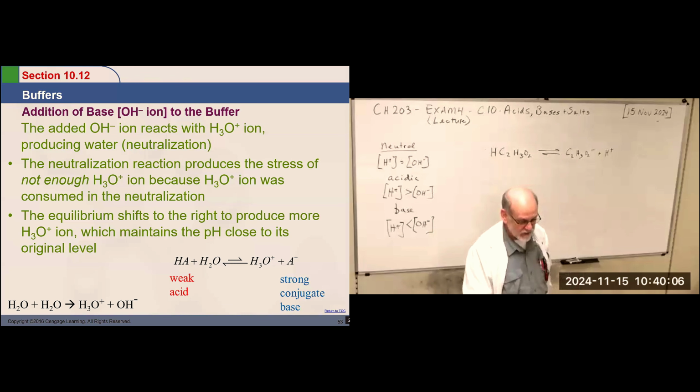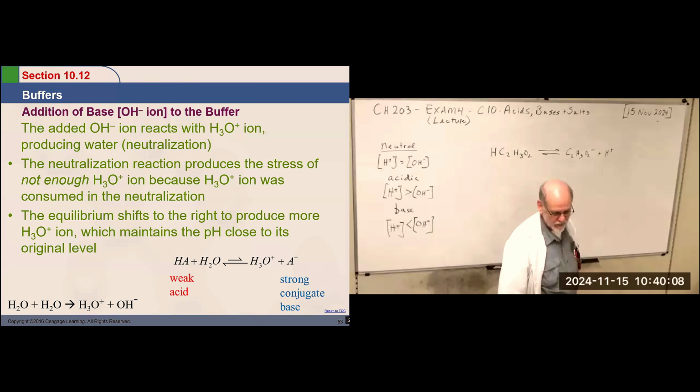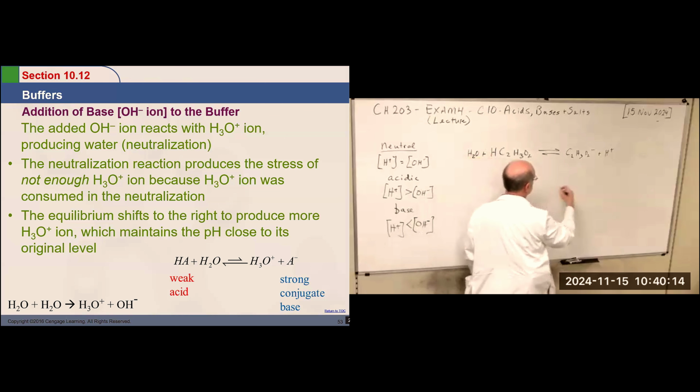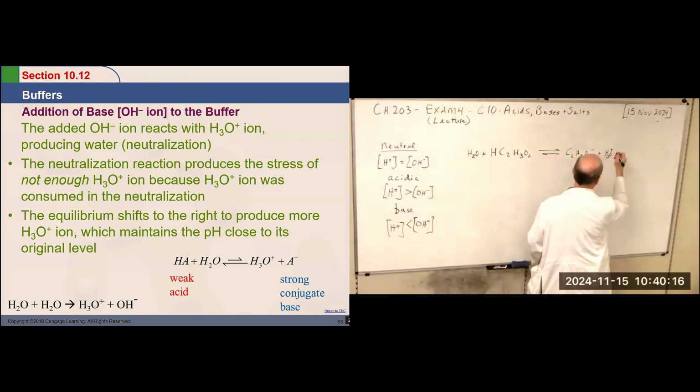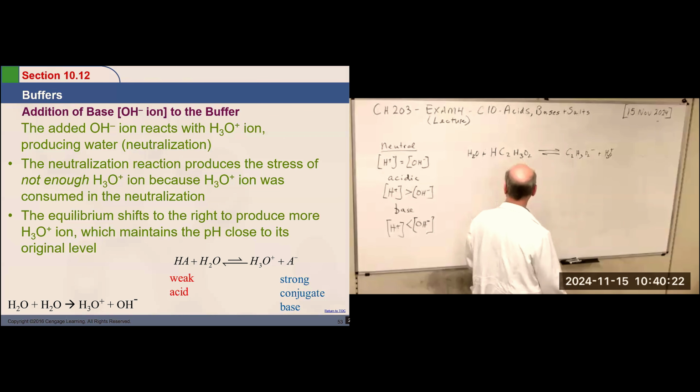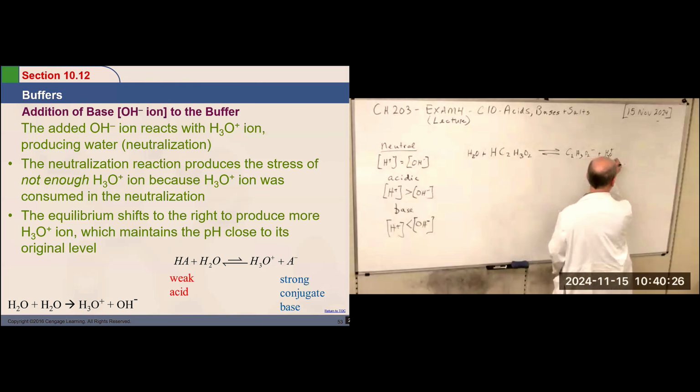So if you add hydroxyl ions, they react with the hydroniums. So in that case, I need to draw it this way. Water produces hydronium. That's chemically accurate. So if we add hydroxyls, the hydroxyls are going to react with hydronium.